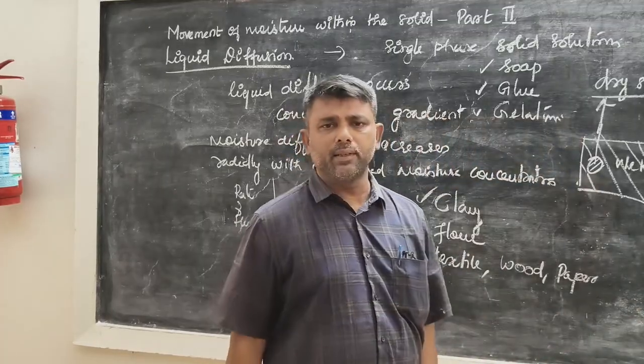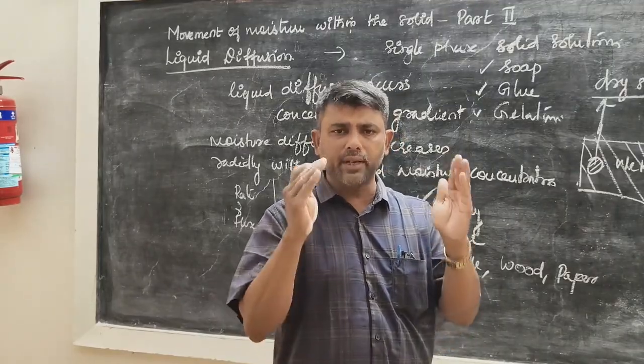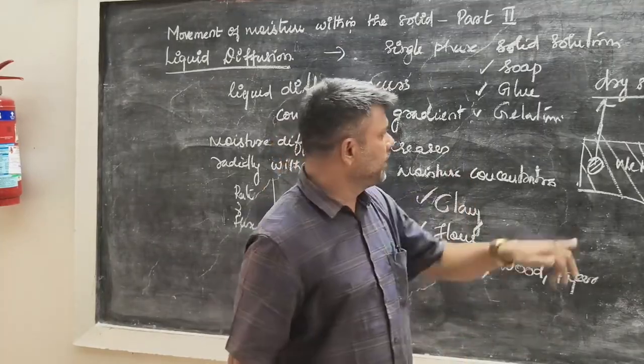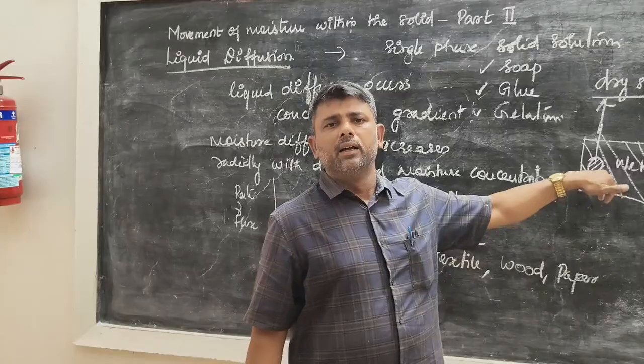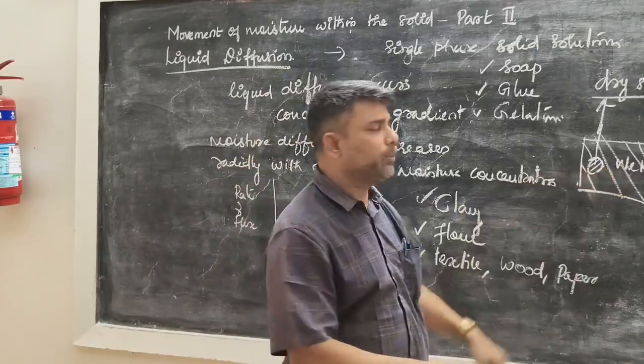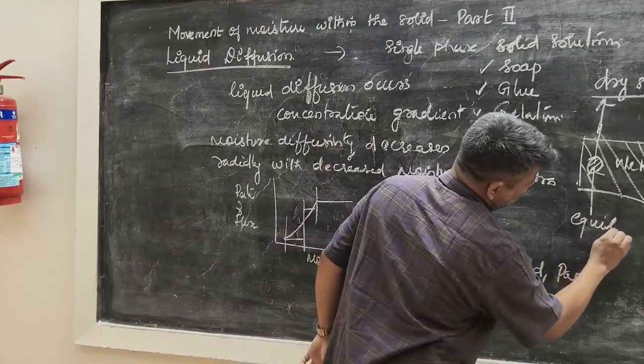Dry spot is a portion of the solid exposed directly into the gas film. In this area, it eventually dries to the equilibrium moisture content.